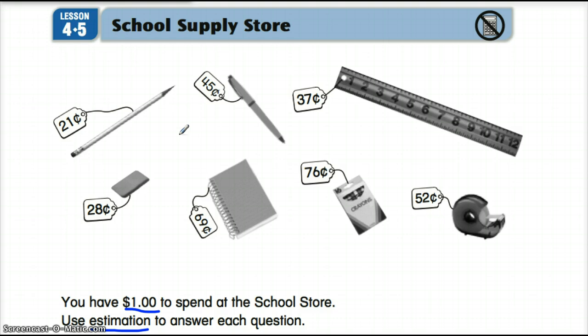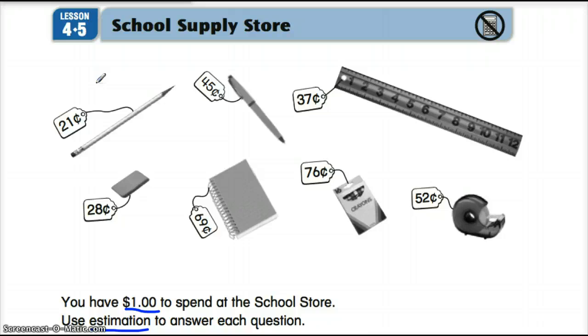So what we could do right now before we get started is to take a look at each price tag and say what this price is closest to. Which number with a 0 on the end is it closer to? So for example, let's look at this pencil, and the tag says 21 cents. Is that closer to 20 cents or to 30 cents?